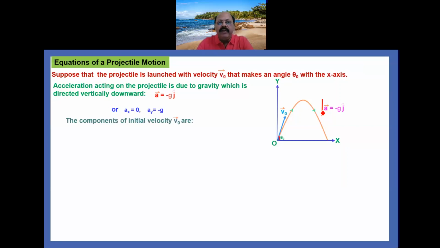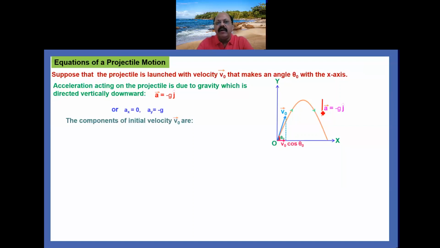Then the components of initial velocity v0 vector, that you already studied and I already explained in my previous video. It has two components, one along the x-axis, another along the y-axis, that is horizontal component and vertical component.